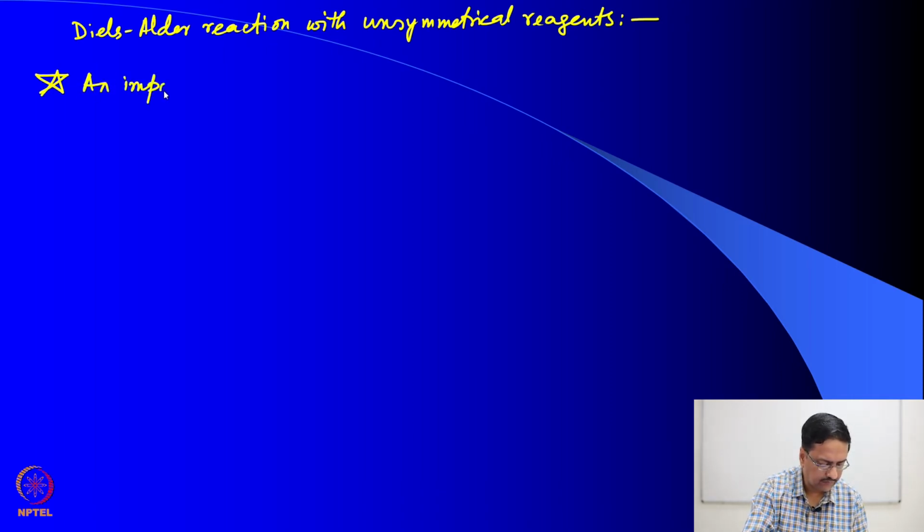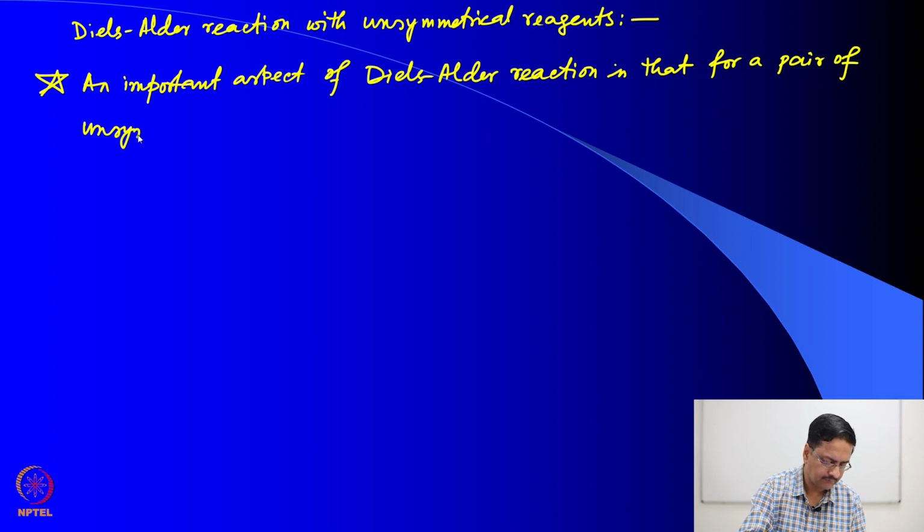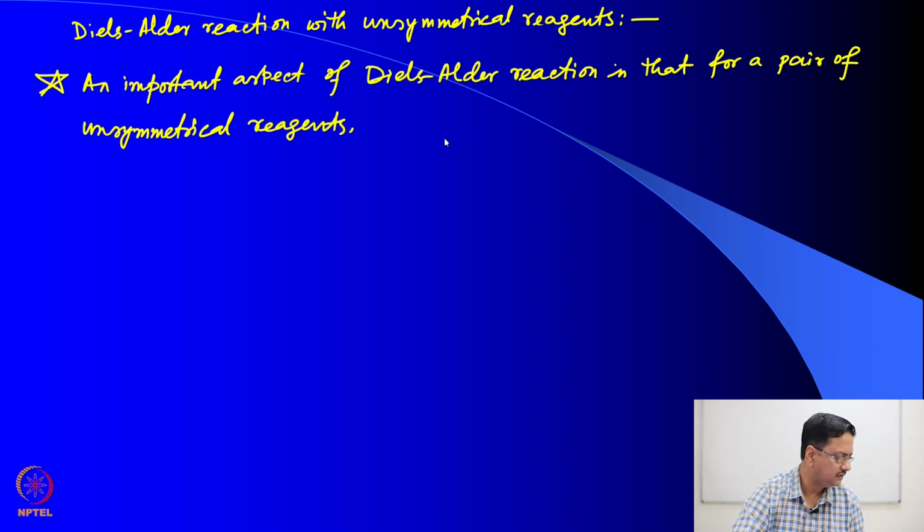An important aspect of Diels-Alder reaction is that for a pair of unsymmetrical reagents, only one product is formed.